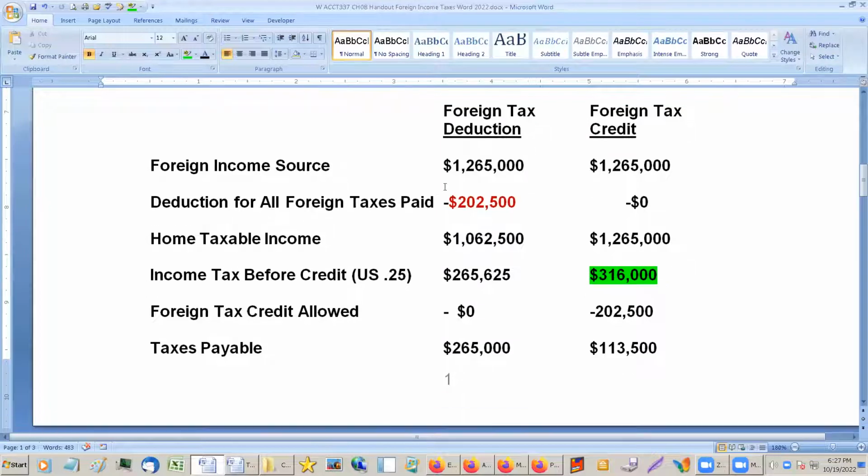So would you rather go with the deduction or with the foreign tax credit?